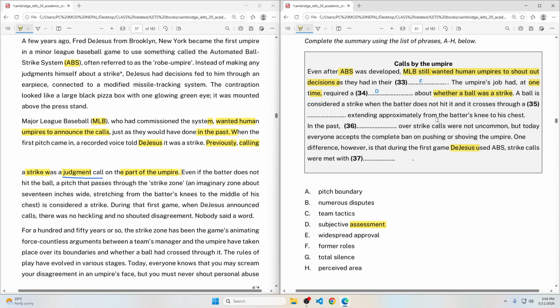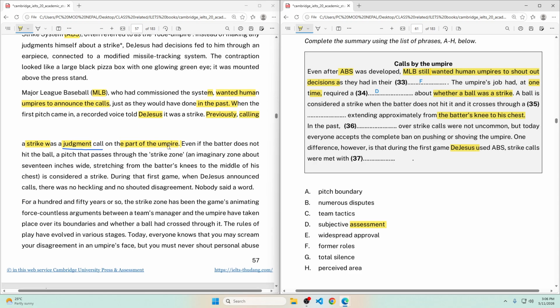Okay, let's look at next sentence. A ball is considered a strike when the batter does not hit it and it crosses through a blank, extending approximately from the batter's knee to his chest. The batter's knee to the middle of his chest.